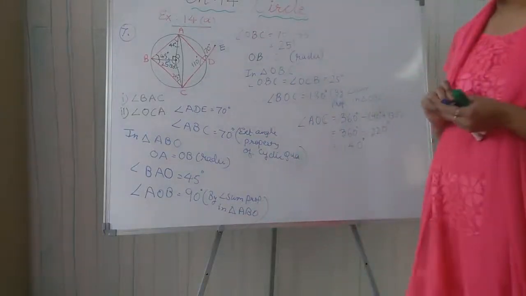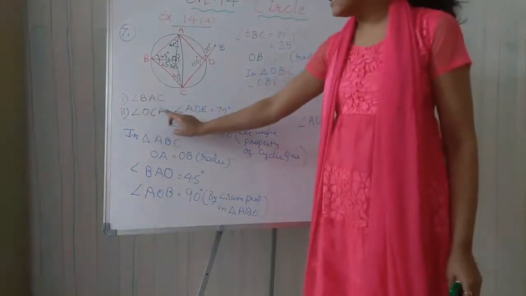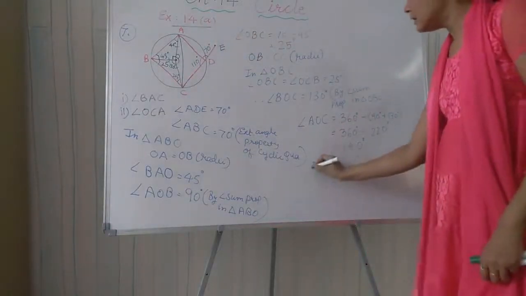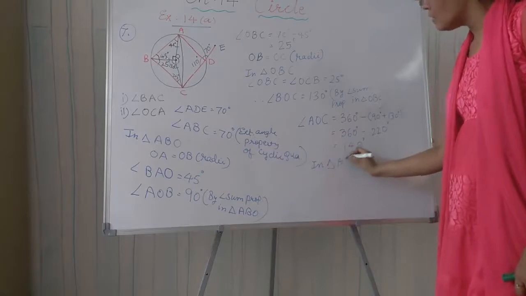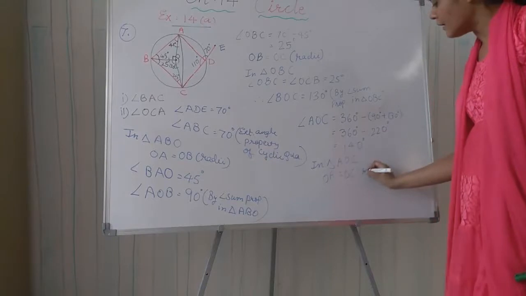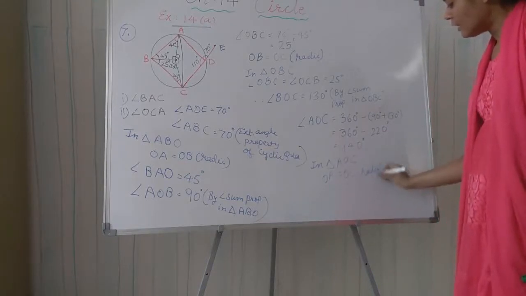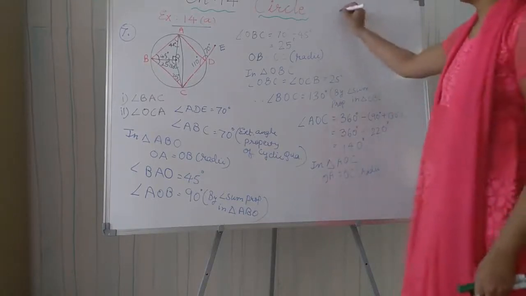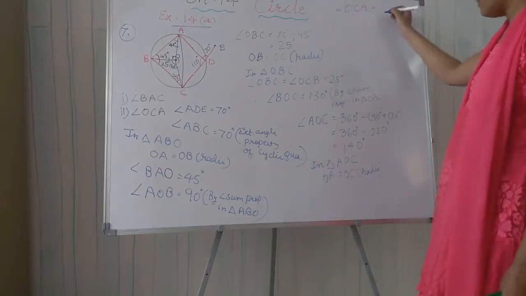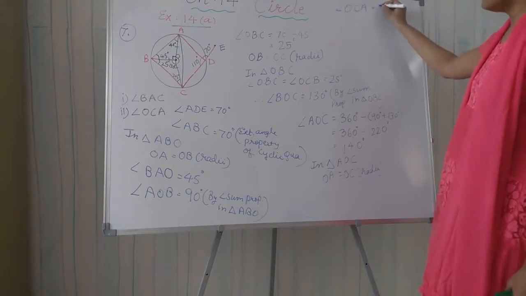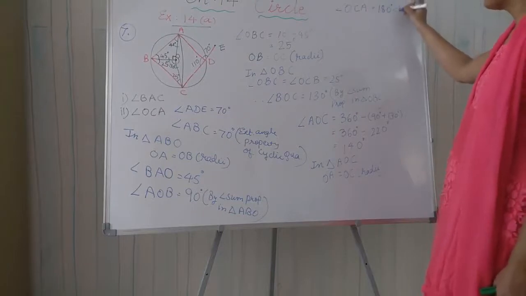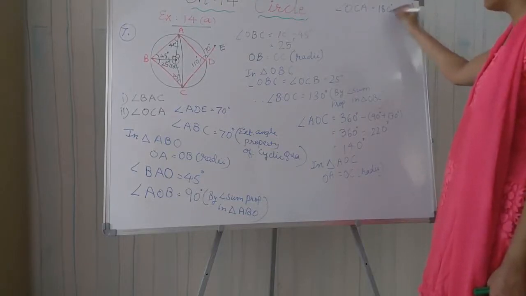So now we need to find the other angle OCA. So OCA we will get, you write here in triangle AOC, OA is equal to OC, radii. Okay, so writing angle OCA is equal to 180 minus 140, so it is 40 actually, divided by 2.